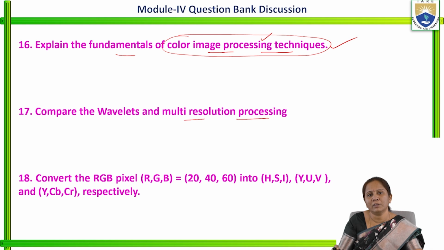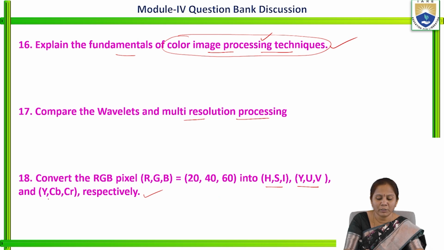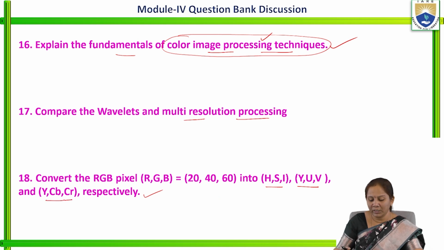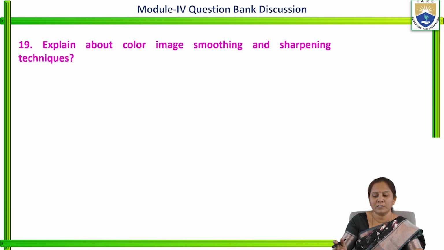First, we have to write that in the form of equation. Next, we have to perform the conversion operations. Here the problem is related to RGB to HSI, RGB to YUV, RGB to YCbCr. So three conversions are asked here. Such types of problems are discussed in our previous session clearly.